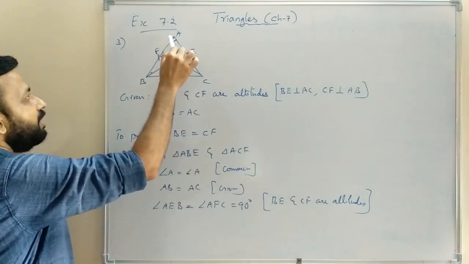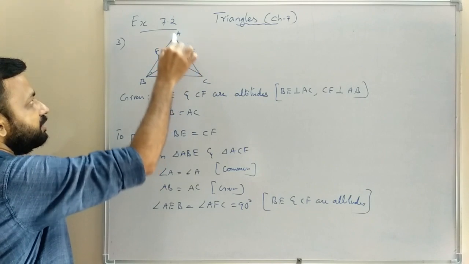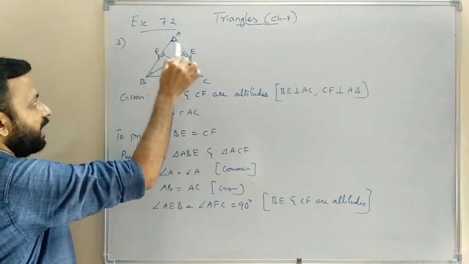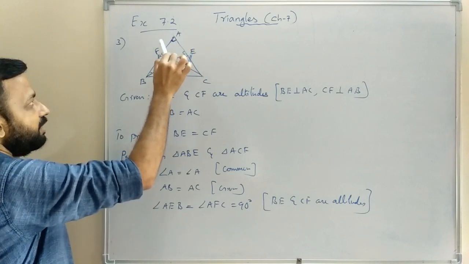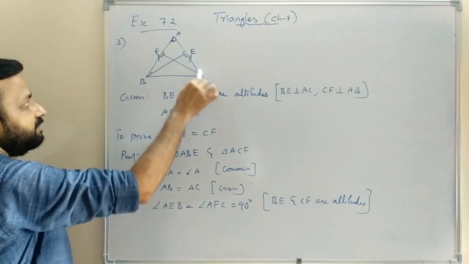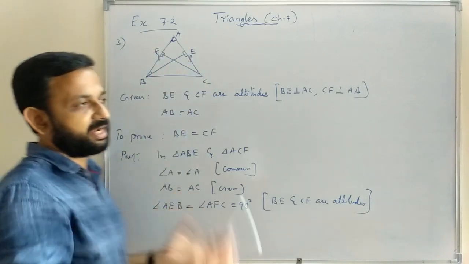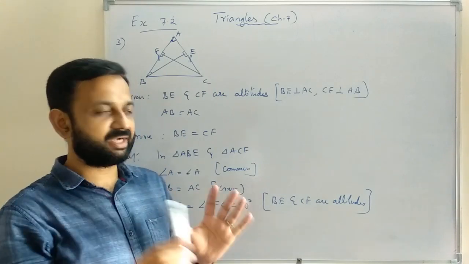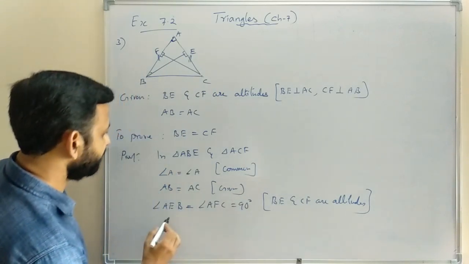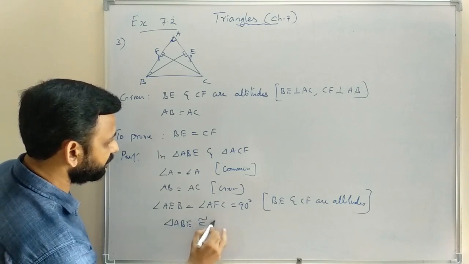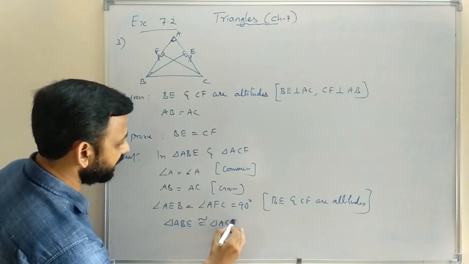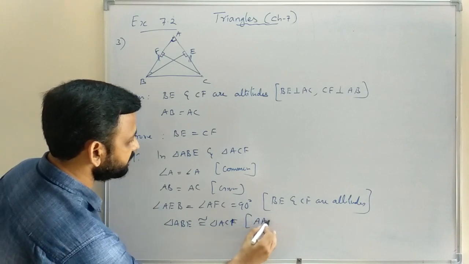So now we got angle, angle, side of this triangle equal to angle, angle, side of that triangle. So the two triangles are congruent by AAS theorem. Therefore triangle ABE congruent to triangle ACF by AAS theorem.